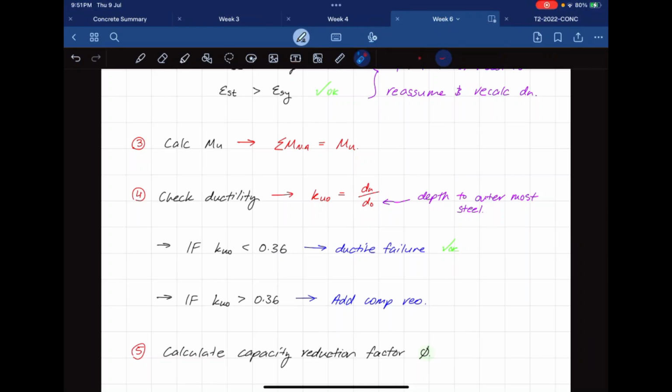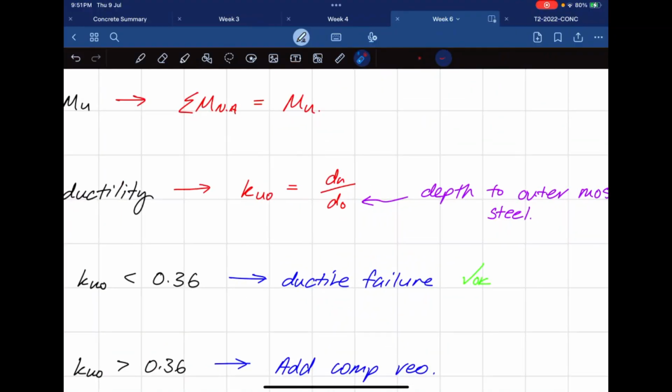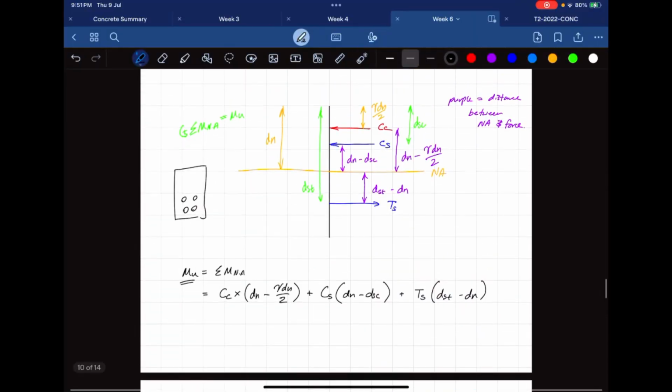So one way to actually increase ductility is by adding compressive steel. The reason for that is because it decreases our dn. If you remember earlier, I said that your neutral axis will shift towards the heavier side. So let's say I've got something like this. I've got no compressive bars.